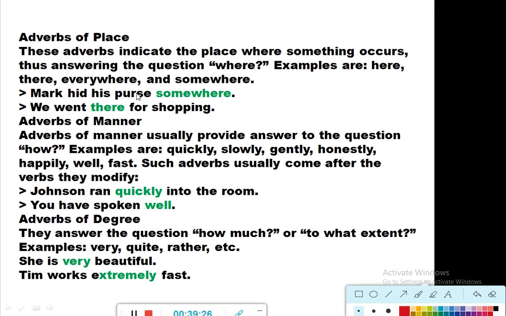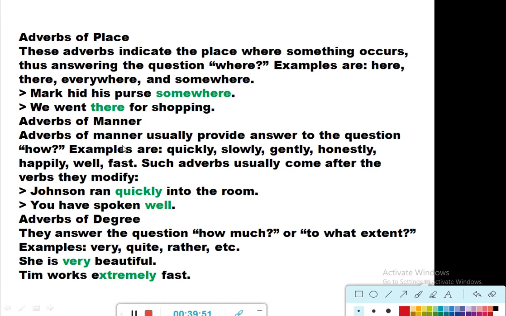If we say Mark hid his purse and put a full stop, the natural question is where, and the answer is somewhere. Then another example, we went there for shopping. If we say we went for shopping, someone can ask where, and we can say there.